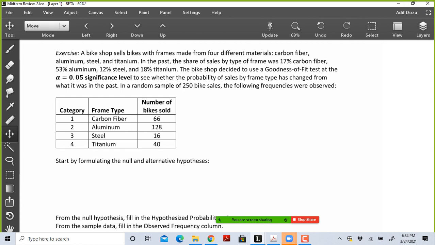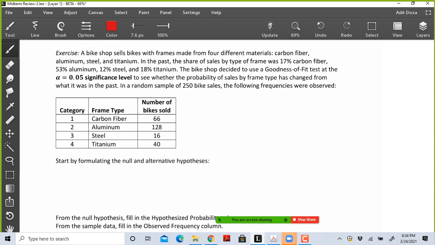A bike shop sells bikes with frames made from 4 different materials: carbon fiber, aluminum, steel, and titanium. So in the past, shares of sale by type of frame was 17% carbon fiber.